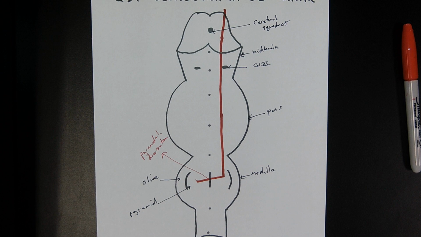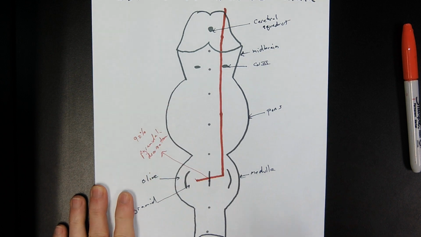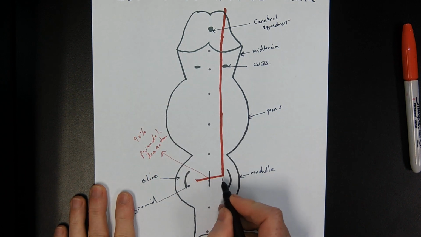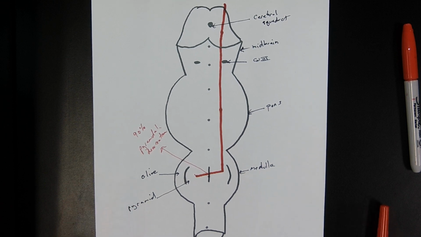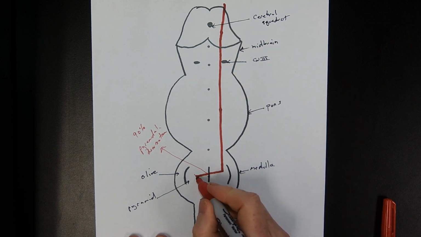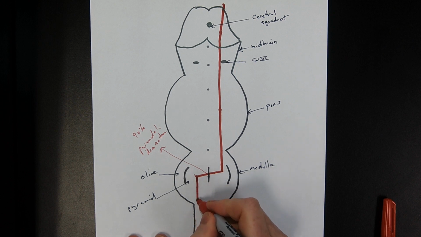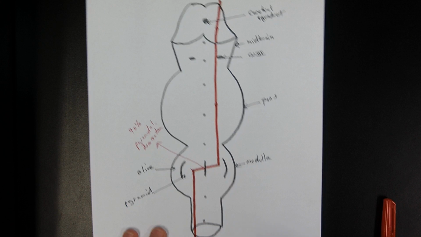And you should know that approximately 90% of the axons are going to decussate at the level of the pyramids in the medulla. Only 90%. There's an extra 10%. But once those 90% decussate at the level of the pyramids, then they're just going to travel down. Now we're contralateral, below the level of the pyramids in the medulla, coming down through the spinal cord.